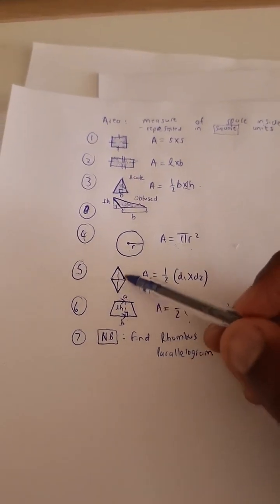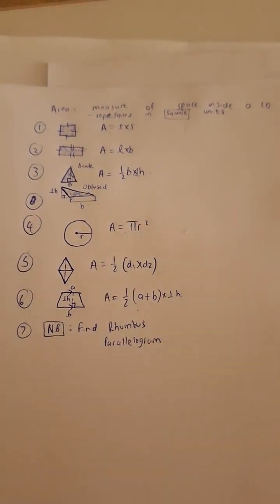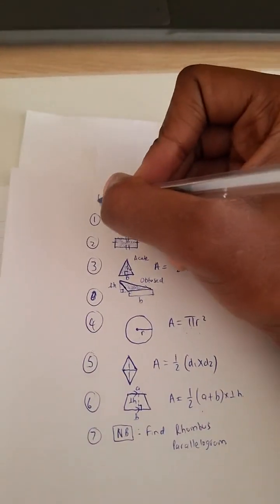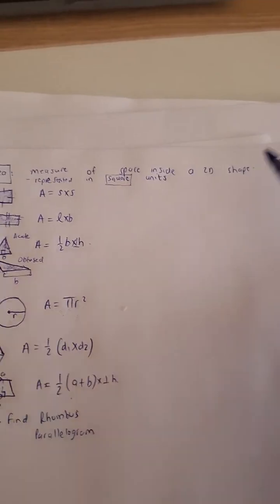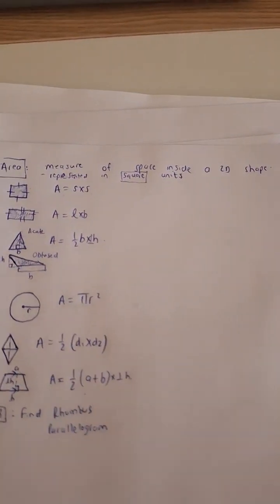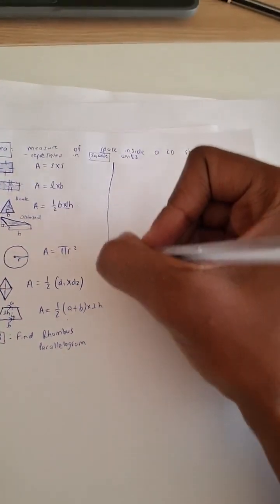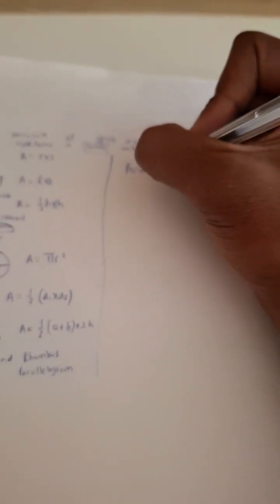So it goes with the circle, so it goes with the kite, so it goes with the trapezium, and so it goes with other quadrilaterals. So that's the concept of area, the measure of space inside a particular 2D shape, represented in what? In square units.